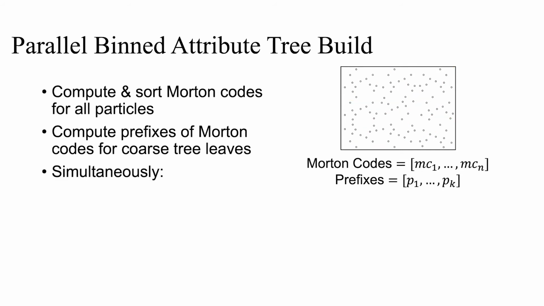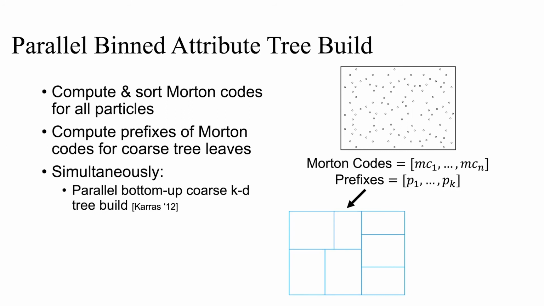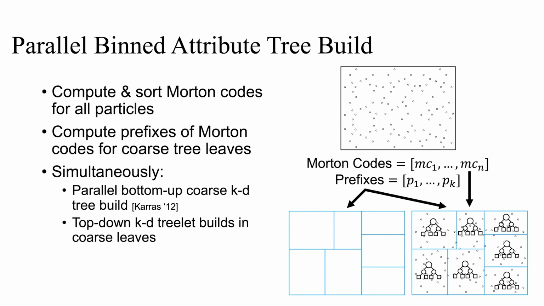Then at the same time, a coarse parallel bottom-up tree build is performed. This is as described by Karras, just run on the prefixes to produce a shallow tree. And within the leaves of this coarse tree, treelets are built top-down in parallel to provide better tree quality within the leaves of these trees.